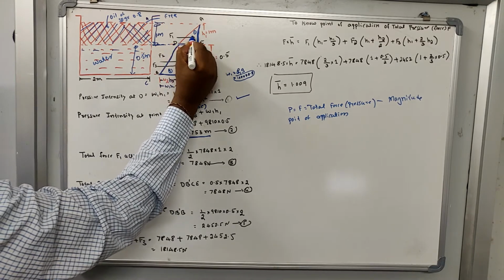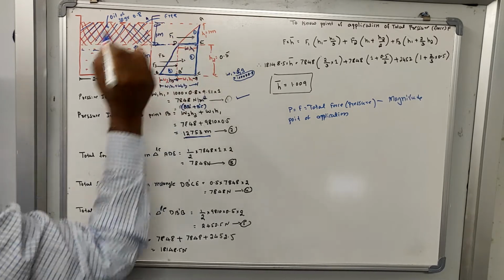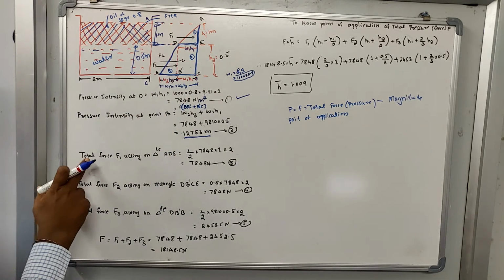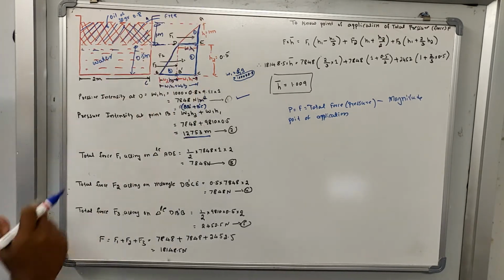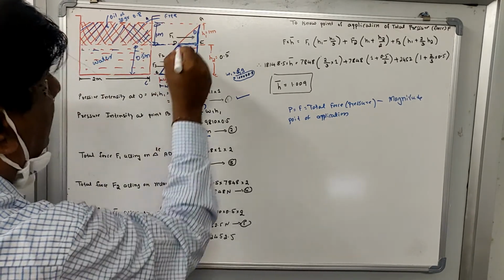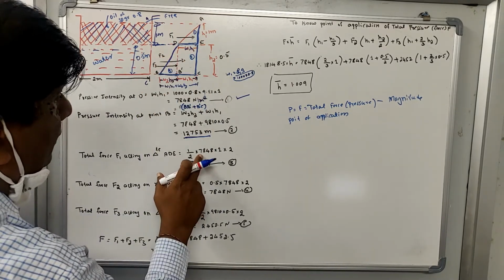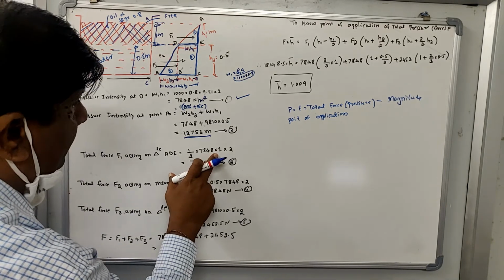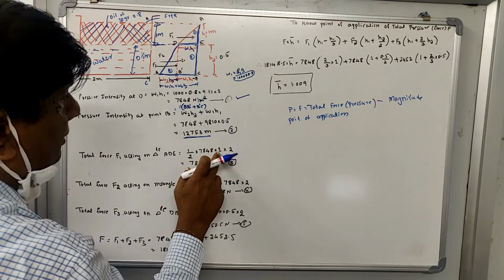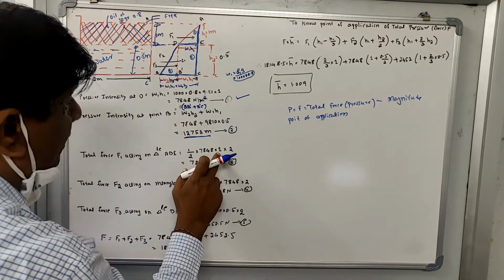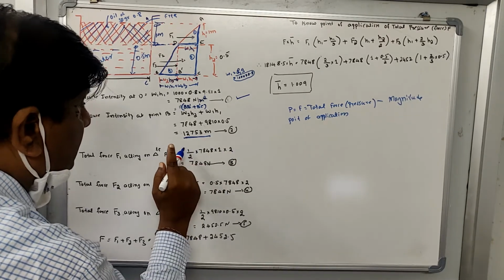Let the total force acting on this triangle ADE be F1. So total force F1 acting on triangle ADE is equal to half, the area of this triangle, W1 H1, 7848 multiplied by H1, that is the height, 1 meter, multiplied by the width of the tank.